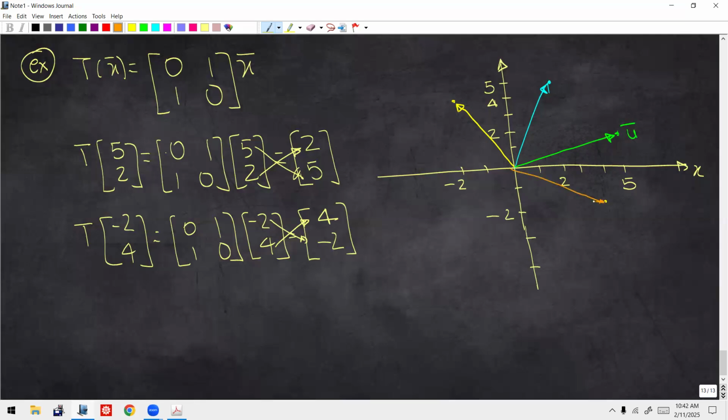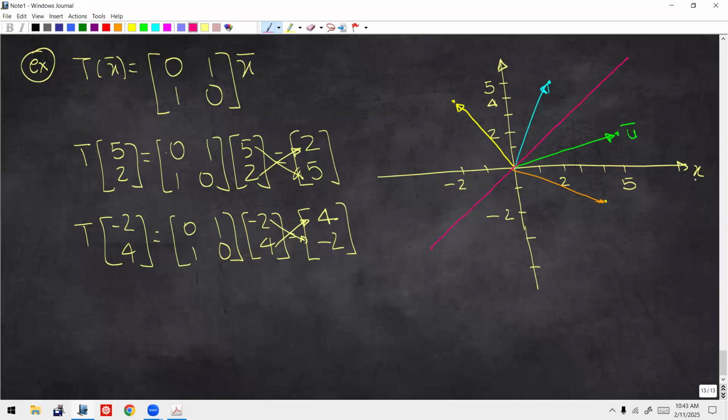So if you notice, what's happening here is you're swapping x1 and x2, or you can think of it as reflecting. When does that happen? If you remember, this happens when you reflect a point about the line y equals x. So here is the line.